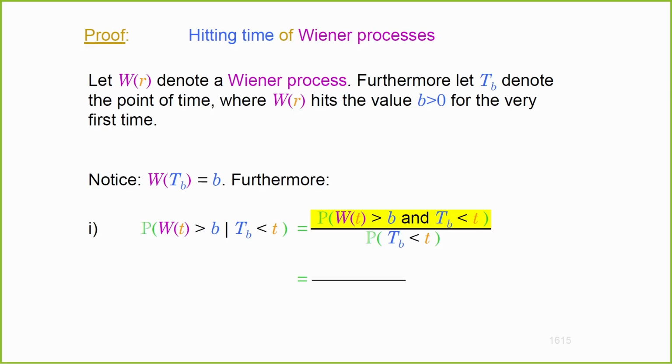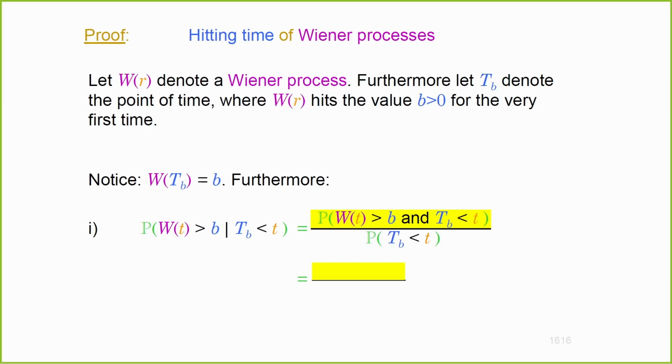So this is just a subset of that, because if you know that the process is already greater than b, then we already know that the hitting time was prior, because otherwise it would not be greater than b. So if this is true, then this is also true.